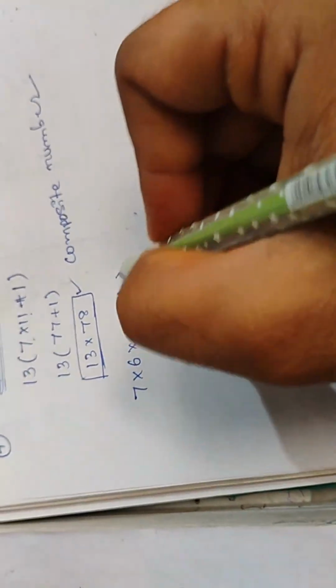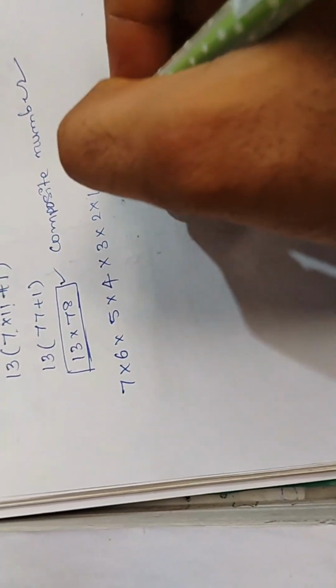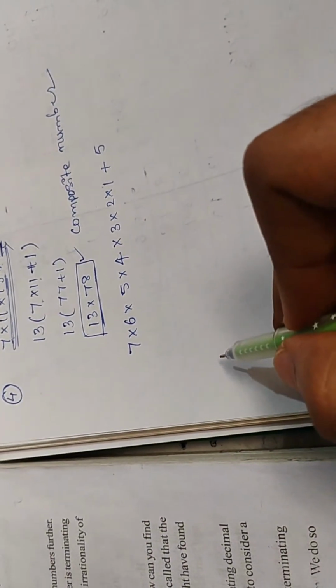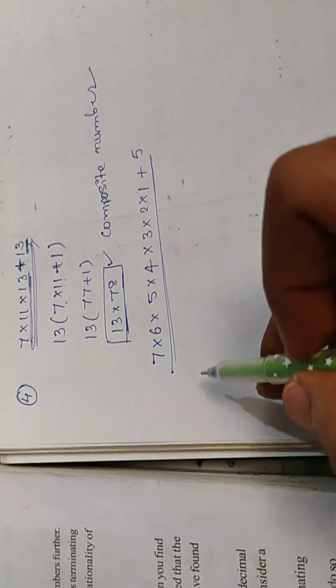7 into 6 into 5 into 4 into 3 into 2 into 1 plus 5. You have to check whether this is a composite number or not.